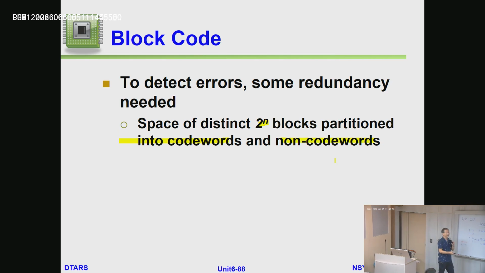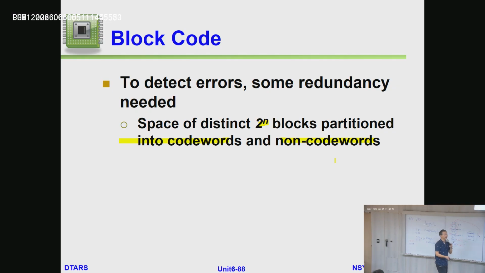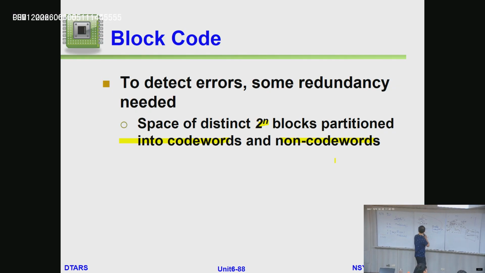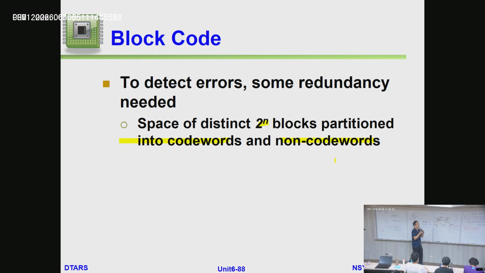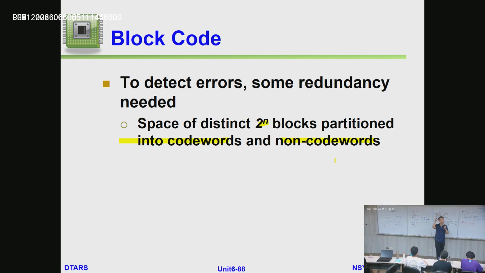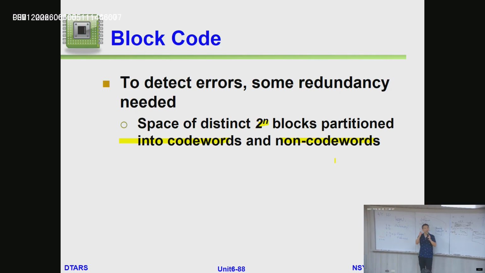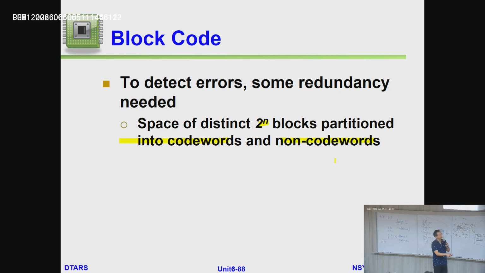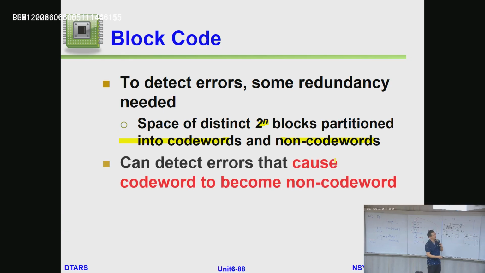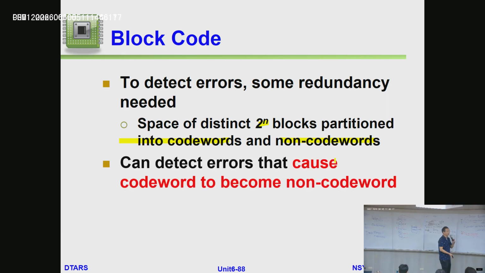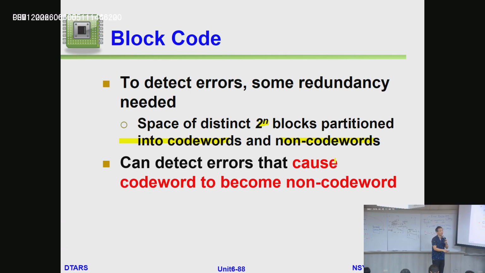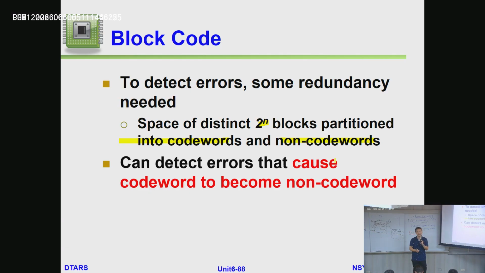Remember that after ECC, if your information is correct, then after the encoding process, your correct output will become a legal code word. If there are any errors in your memories, for our ECC, it will become a non-code word. So the idea is that if there are any errors that make your output go from code word to non-code word, then such errors can be detected.